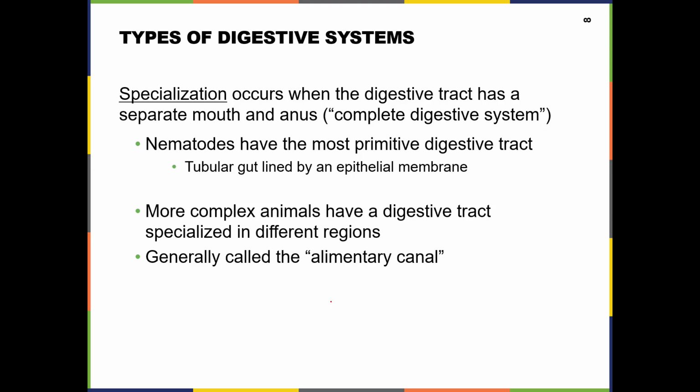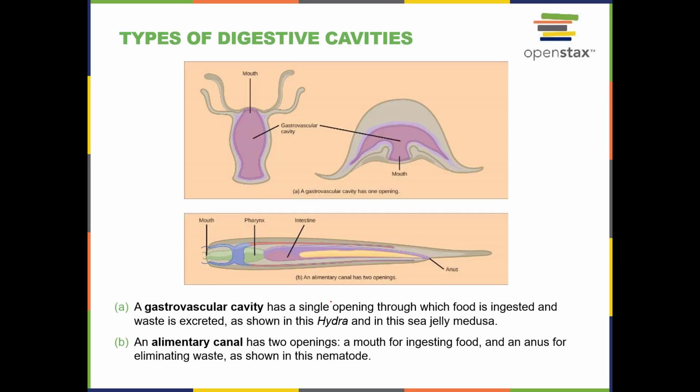So in general, the tube that goes from the mouth to the anus, the path of food, that series of tubes or series of structures is called the alimentary canal. So up here we see an incomplete digestion with the cnidarians, for example. They only have a mouth but no anus, and they don't have any specialized structures really, just one. But with the nematode, you see some of the very simplest of the complete digestive system.